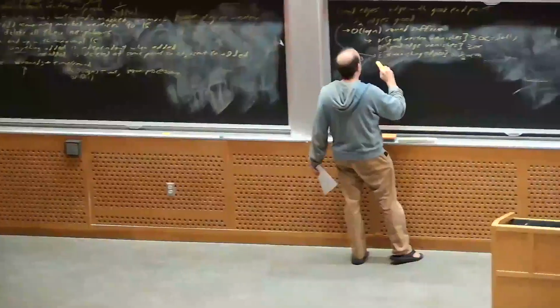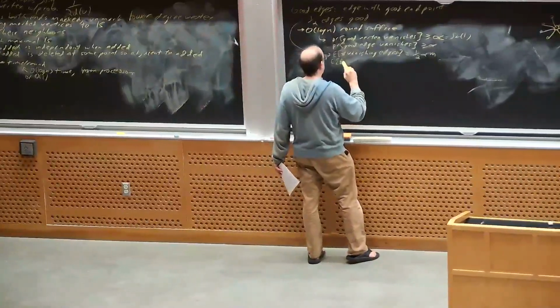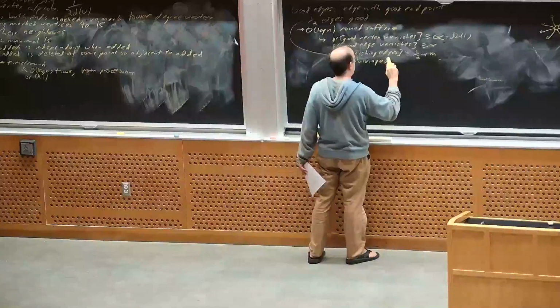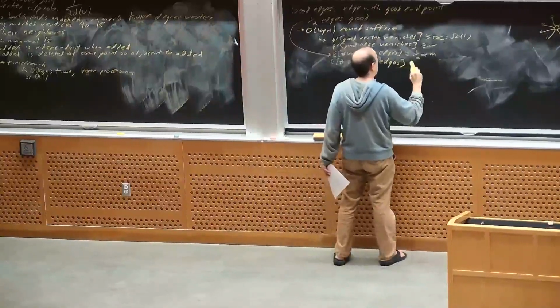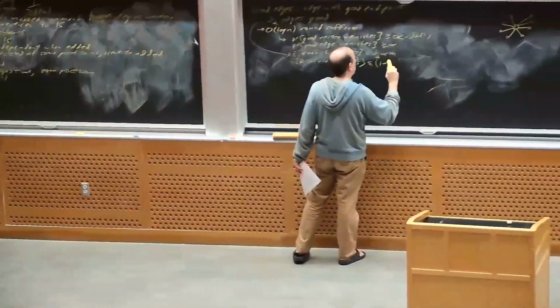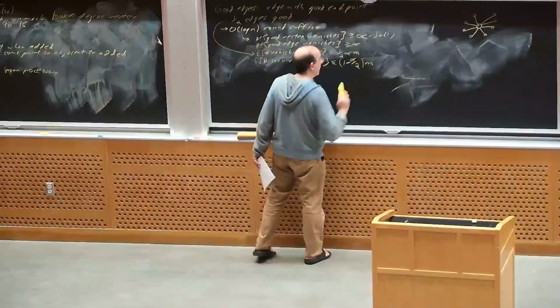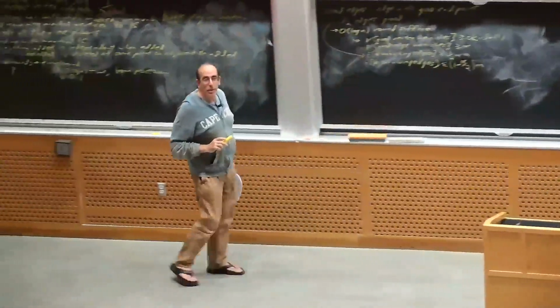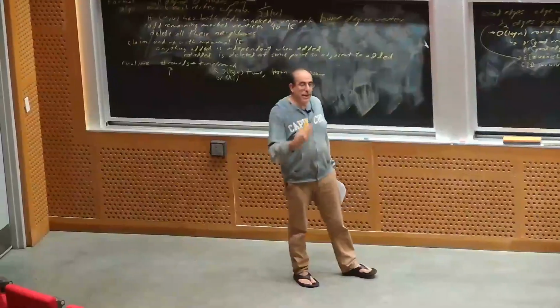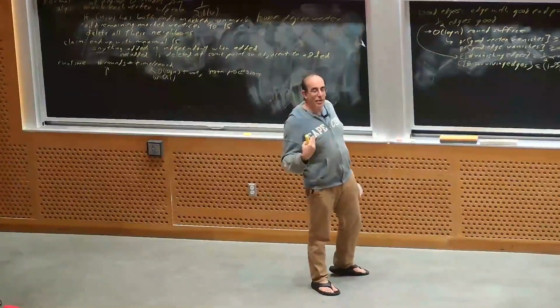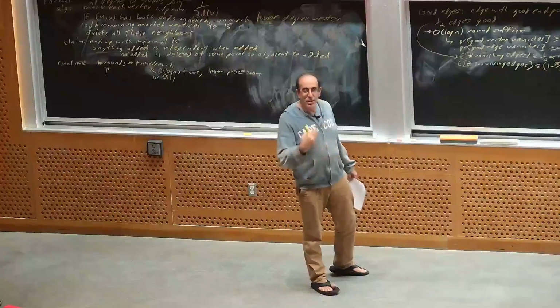Which means that the expected number of surviving edges is at most (1 minus alpha over 2) times m. So the expected number of edges is only a constant fraction of the number of edges that you start with.